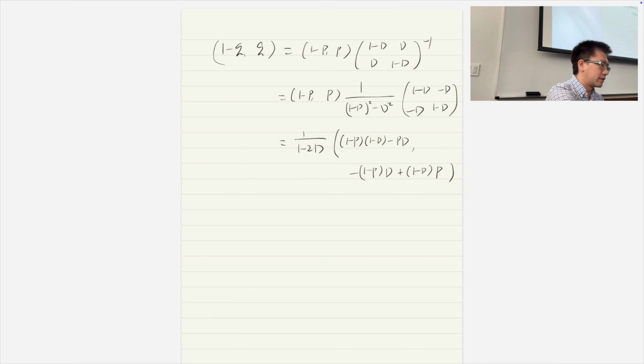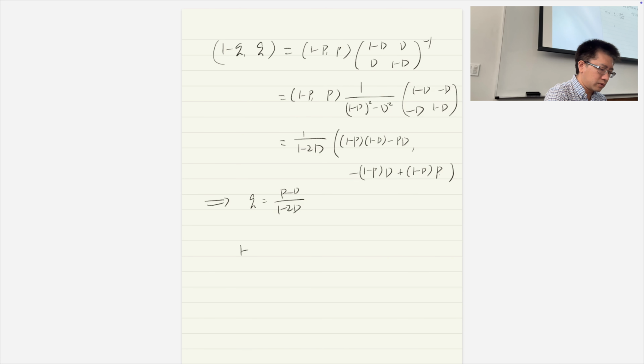Okay, so that's basically it. And from here, you can get q equals to what? p minus d over 1 minus 2d. So q equals this guy multiplied by this guy, and you can compute that, okay?